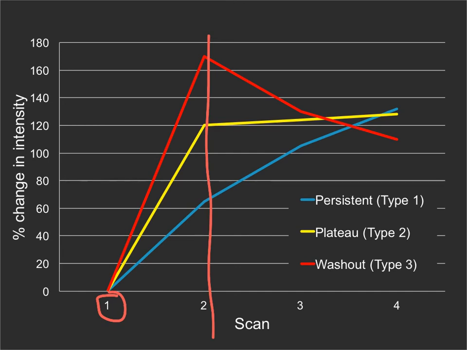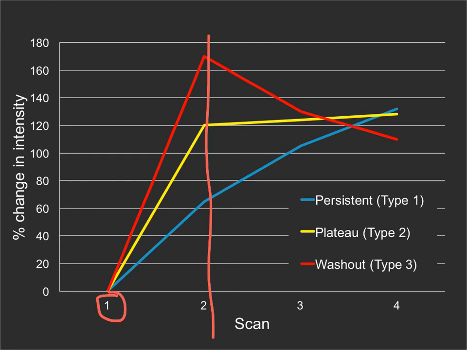Depending on where you set your criteria, you're going to be greater than 50%, but you could be as high as 100% above baseline. And then it stays pretty much the same. So it doesn't change to the end of the scan more than 10% plus or minus from that peak value.